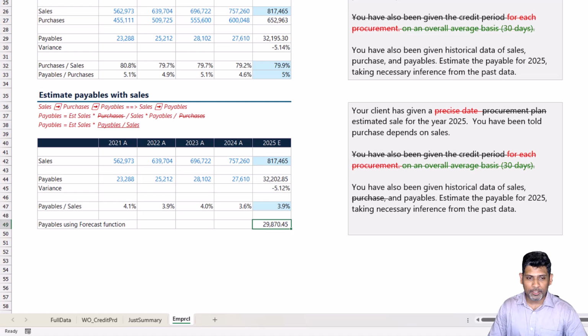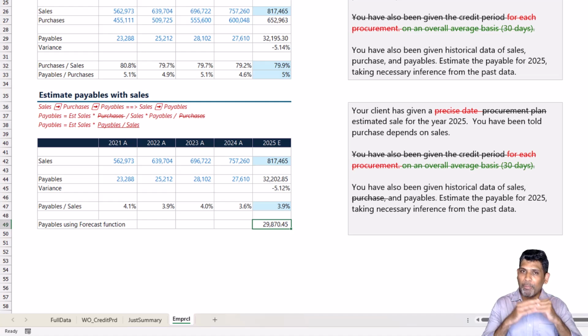So regressions and more advanced techniques, for them to work correctly, you will need to have a large data set. And one clarification here is that when I say data set, I mean it in two senses. One is the number of variables: purchases, sales, payable ratio, seasonality factor. These are all variables. The more variables you have, the more structural models you can build.